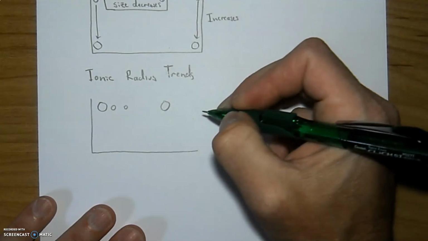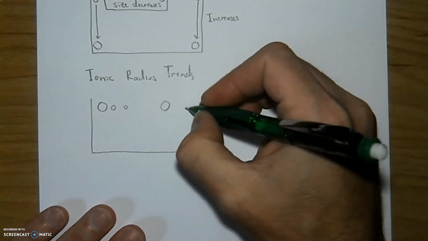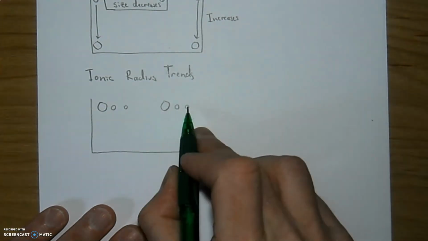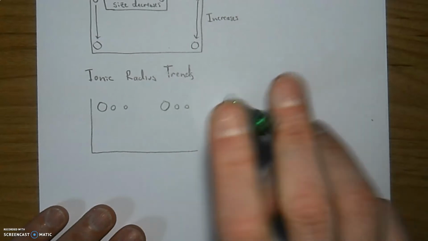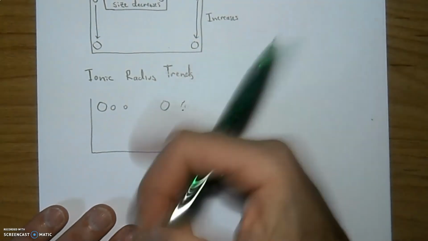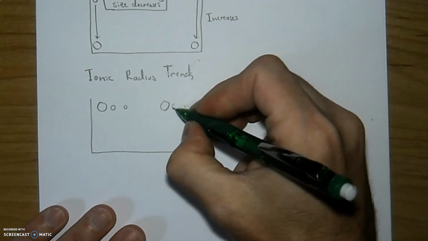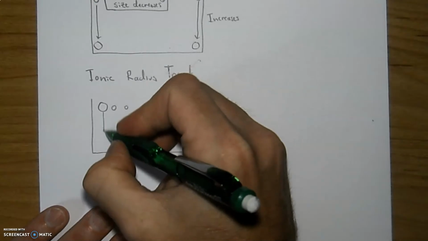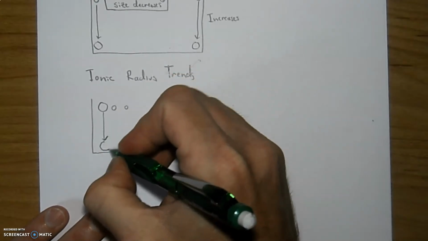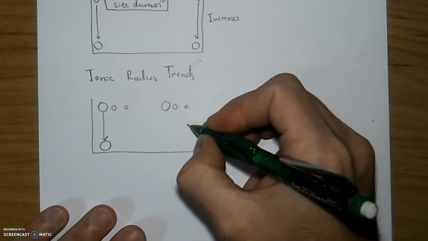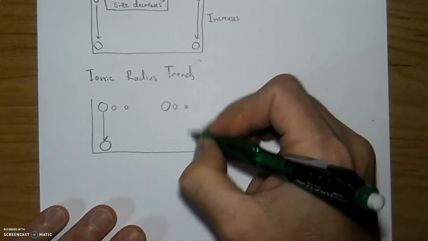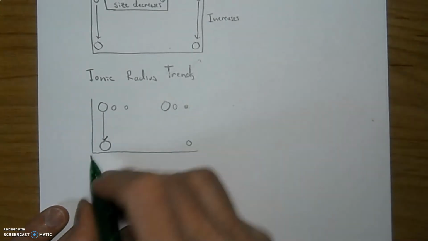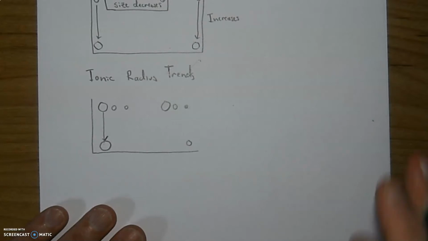If you start over in the nonmetals area, that trend still continues, as you're adding protons to the center, it's still going to pull those shells in. And then going down, you still have that trend: as you're adding shells, these get bigger each time. That works the same over here as well.